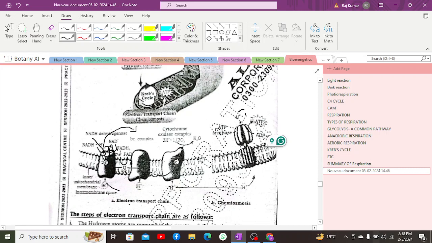That ubiquinone transfers the electrons from complex 1 and complex 2 to complex 3, which is the cytochrome reductase complex.